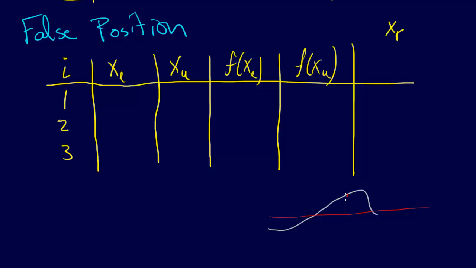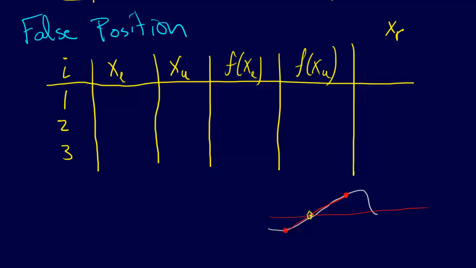So we evaluate it at one point, and we evaluate it at another point. We draw a straight line between those points, right? And then we just say, that's our guess, where that crosses the axis, that's our guess for the root.